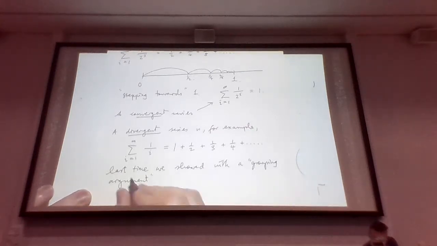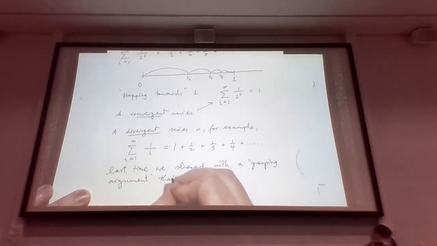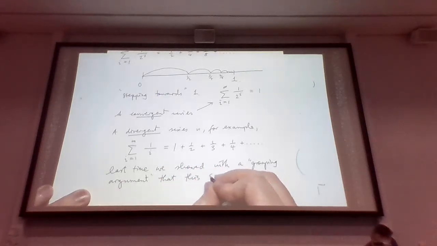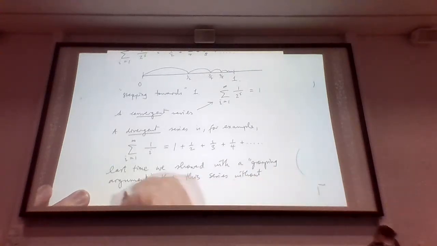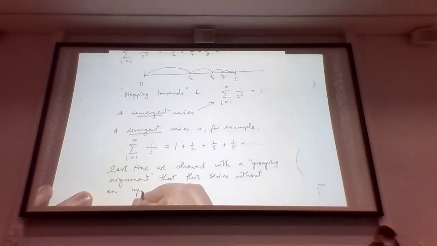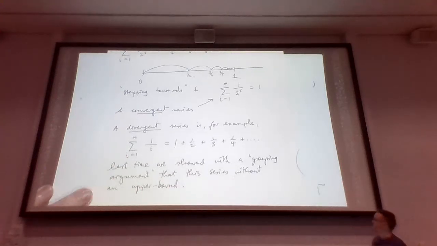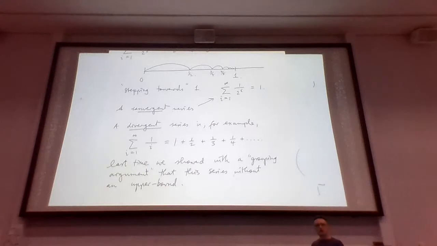So last time we showed with the grouping argument that this series increases without upper bound. So although the step size is getting smaller and smaller, just look at the steps you're taking, they're vanishing to nothing.